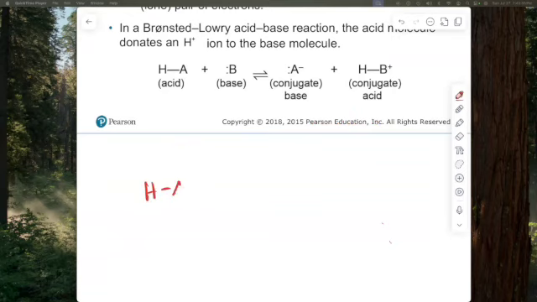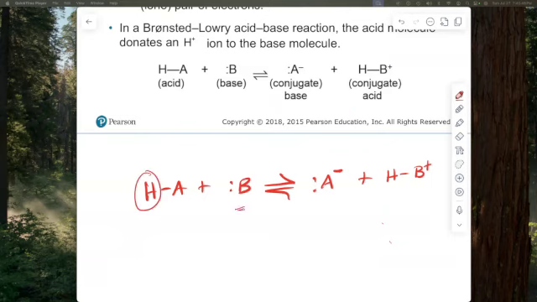In this example, hold on, give me just a second to copy this part here. You can see only this has an H. This one doesn't have an H. So the B cannot be, and this is supposed to be negative here. Oh no, it's neutral. Okay. The B cannot be an acid because it has to donate a proton.